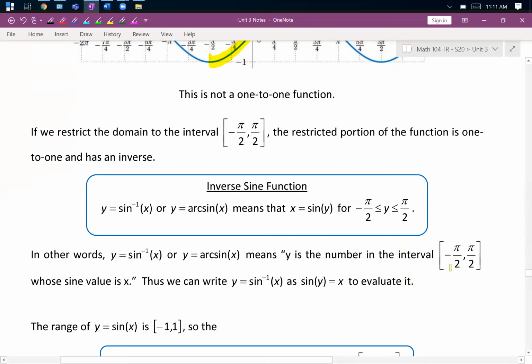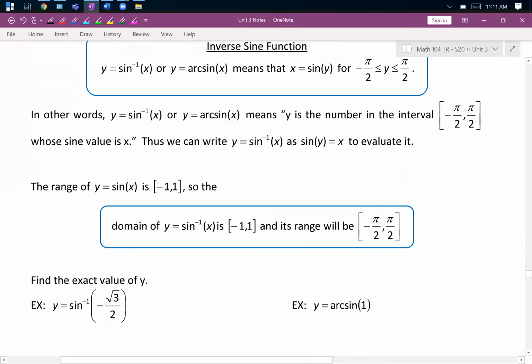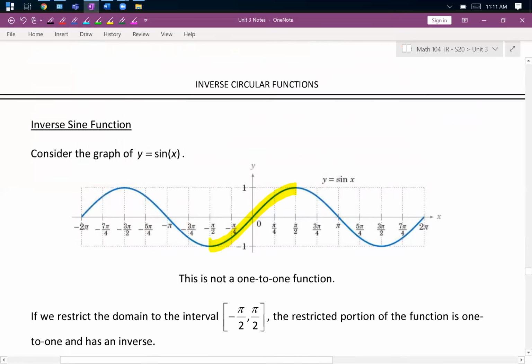The range of y equals sine of x is negative 1 to 1. So using that property number 1 for inverse functions, we conclude that it will be the domain of the inverse function. And the range will be negative pi over 2 to pi over 2. So if we go back to our graph, and our regular function is sine, we're restricting the domain to be negative pi over 2 to pi over 2.